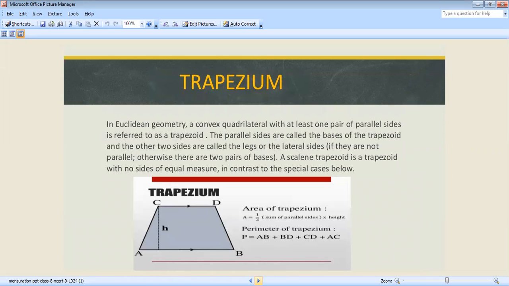Trapezium. In Euclidean geometry, a convex quadrilateral with at least one pair of parallel sides is referred to as a trapezoid. The parallel sides are called the bases of the trapezoid, and the other two sides are called the legs or the lateral sides if they are not parallel.